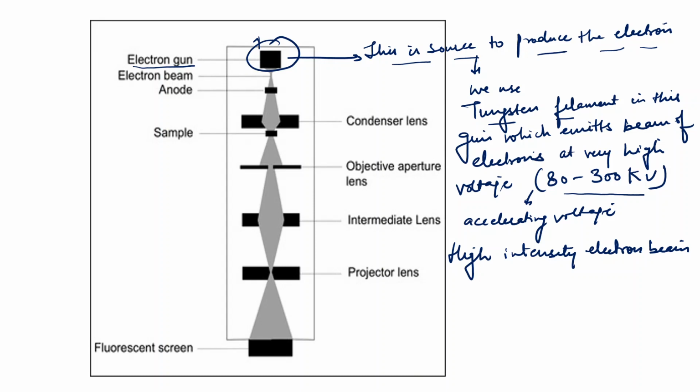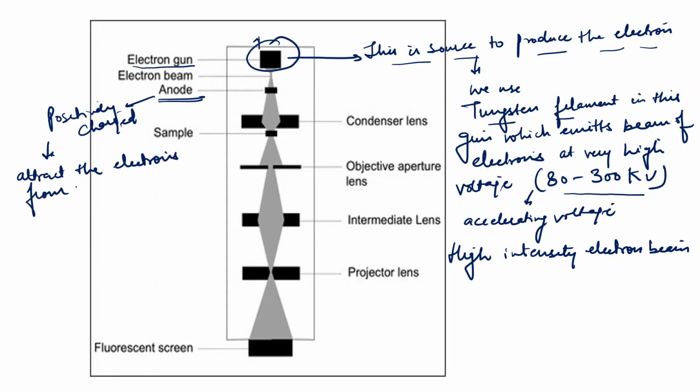Now coming to another part, that is anode. What is anode? Anode is positively charged. So as it is positively charged, it will attract the electrons from the electron beam, because electrons are negatively charged.